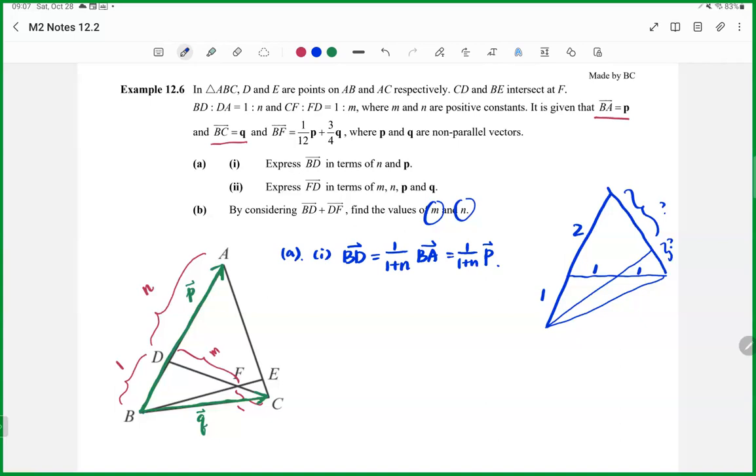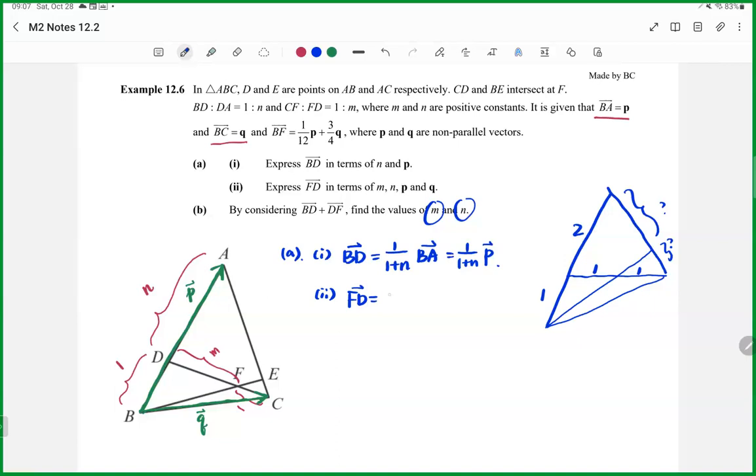So this is a very simple vector. It's parallel to P, so it's something times P. Second vector, FD. The FD obviously is more difficult. FD is equal to a ratio of DC, because FD and CD are parallel.